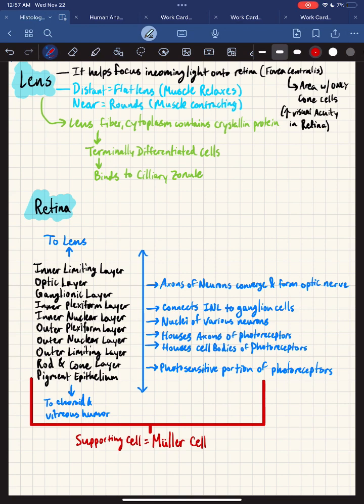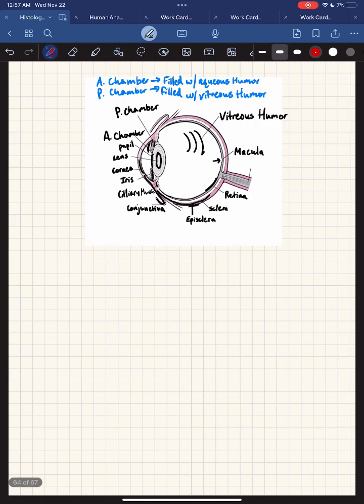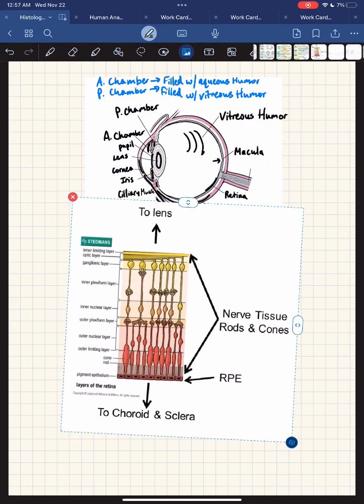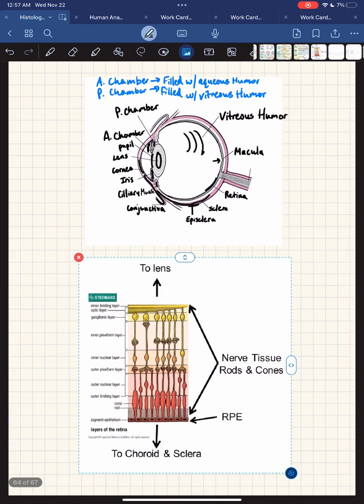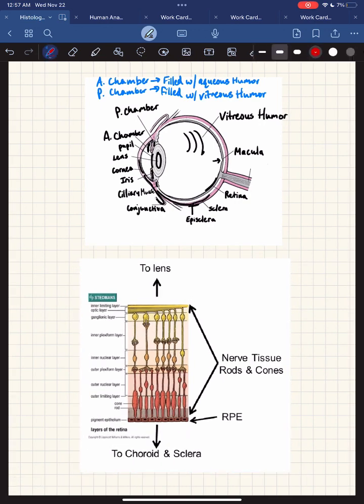Now, getting into the photoreceptors and their layers, honestly, looking at this diagram is going to help a little bit. As you can see the layers here, this top portion going to the lens, this one going down to the choroid and sclera, and the sclera housing the vitreous humor.